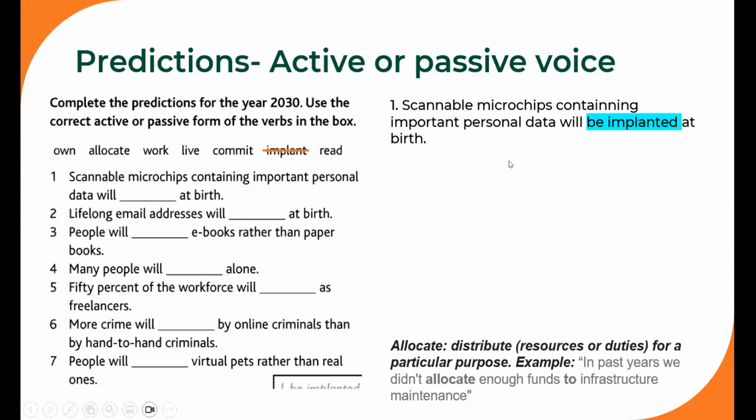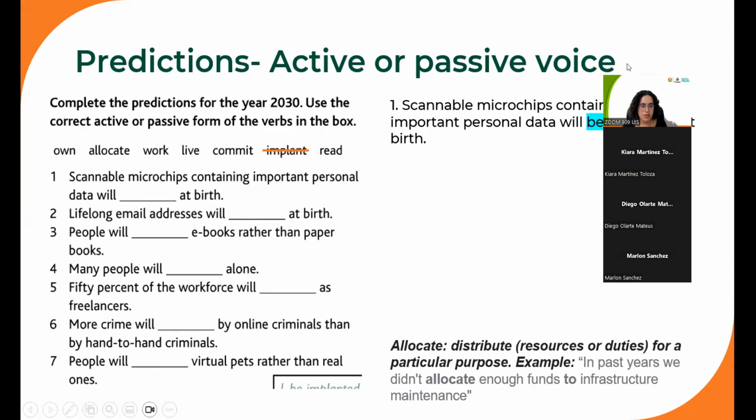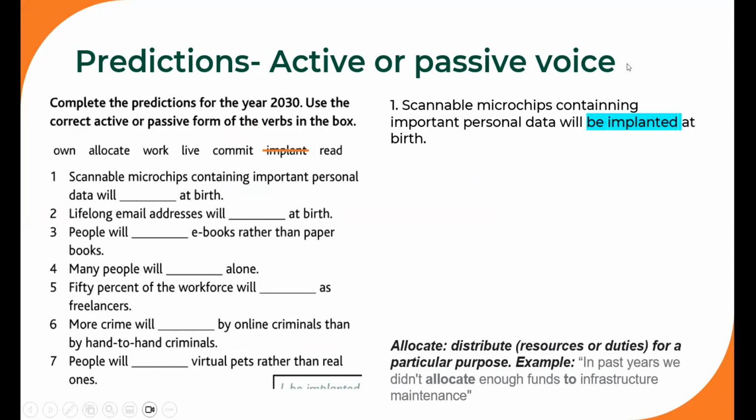All right, now in the next exercise, it's a bit more difficult because it's the passive voice, active versus passive voice, okay? So here we have 6 sentences in total from 2 to 7. I already did number 1. So you're going to complete these predictions for the year 2030, okay?